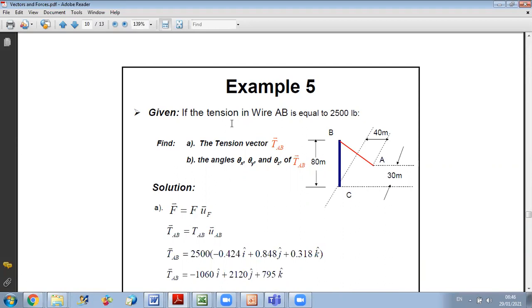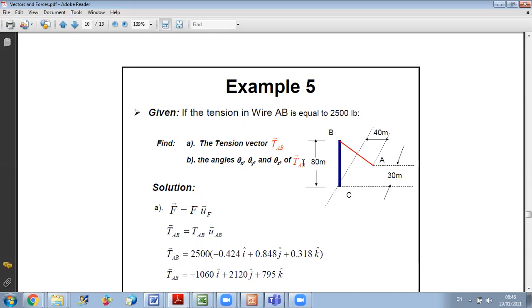If the tension in wire AB is equal to 2500 lb, find first the tension vector TAB and the angles theta x, theta y, and theta z of TAB. Here, imagine that we didn't do the previous problem together.